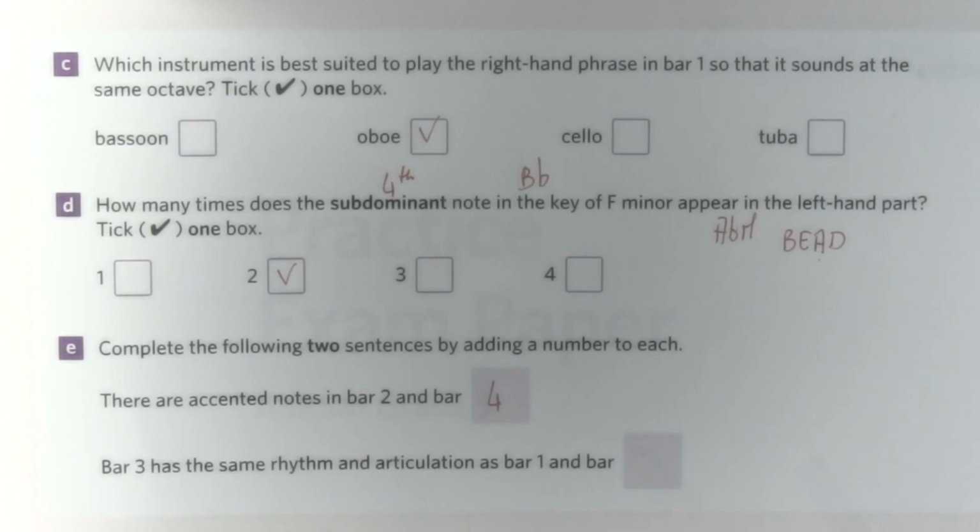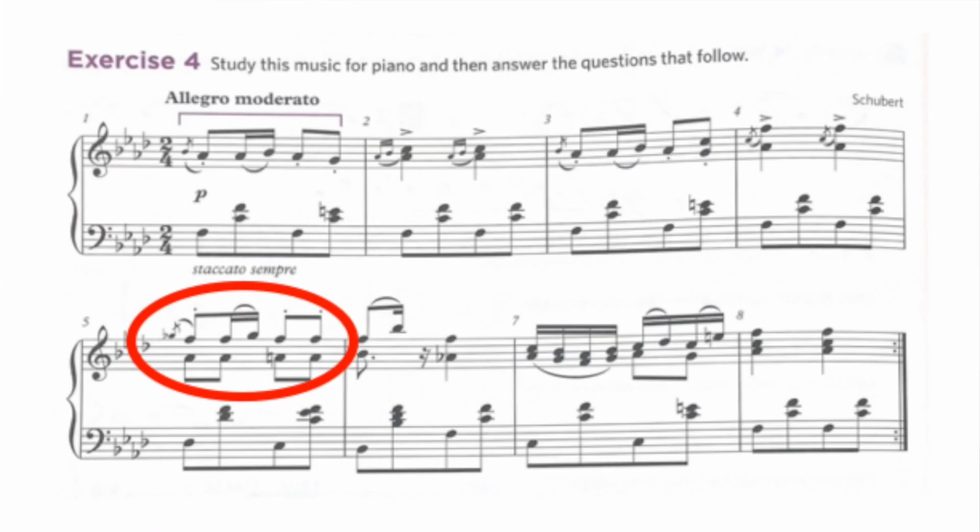Bar 3 has the same rhythm and articulation as bar 1 and bar 5. Tra-tararatta, tra-tararatta. It's quite a specific articulation, so it's really easy to find it. Tra-tararatta.